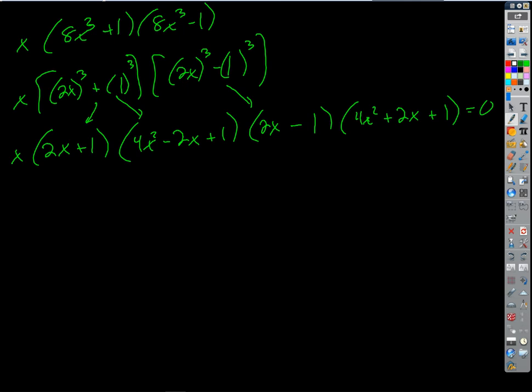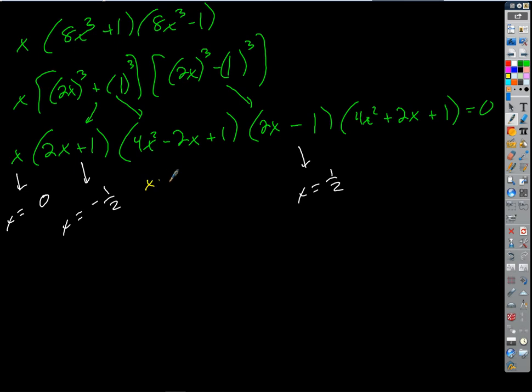By the zero product property, x equals, what about that one? 0. Or x equals negative 1/2, x equals 1/2, and then these are going to give me imaginary parts, right? But I would just use the quadratic formula.